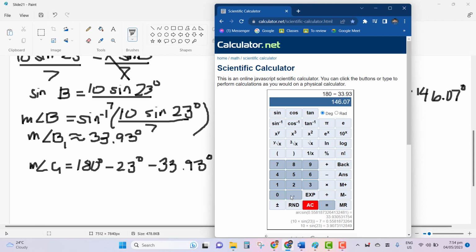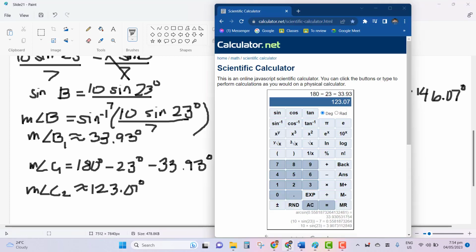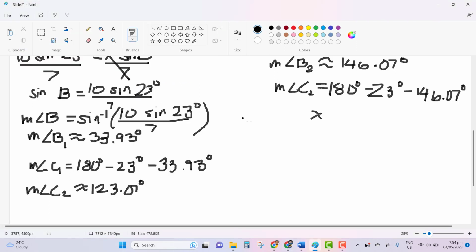So let's try to solve them independently. For C1, that's 180 degrees minus 23 minus 33.93. That's approximately 123.07 because this is an approximation. For the second angle C, this is approximately still, because your B2 is an approximated value.